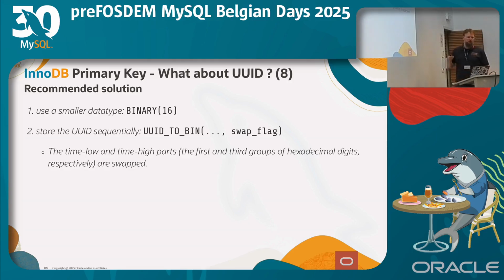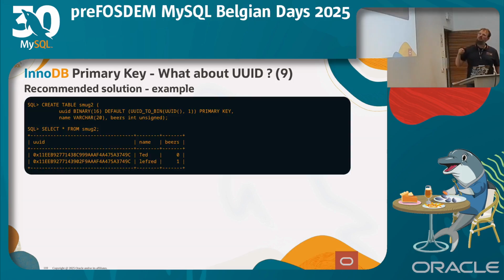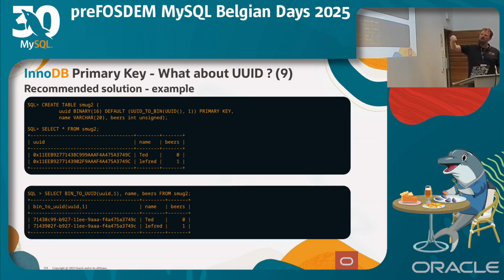So what should we do if you want to use that? It's to store them as binary and reverse using UUID_TO_BIN, with the swap flag to make them sequential. So when we do this, we create a table, we add data. Every time we can decode it if we really want to know the UUID.